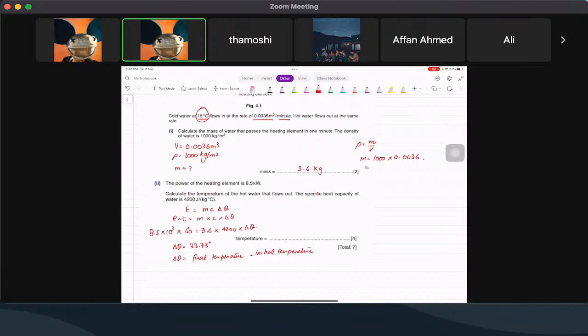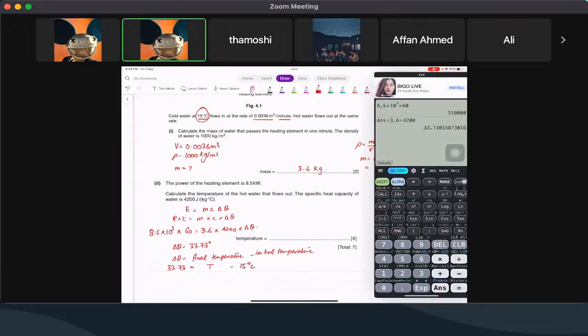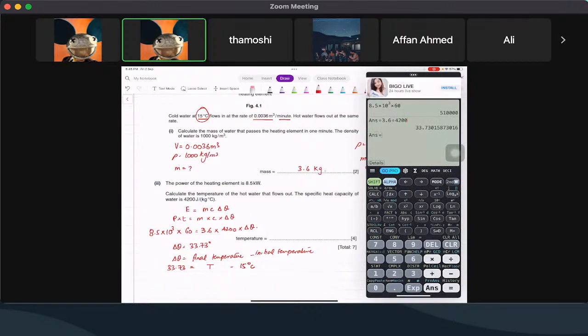So this is 33.73. Final temperature is what we need, so let's call this T, and the initial temperature was 15. So it is going to be added up. So the final temperature is going to be 48.7 degrees. That's why it is a 4 mark question. Is it clear, everybody?